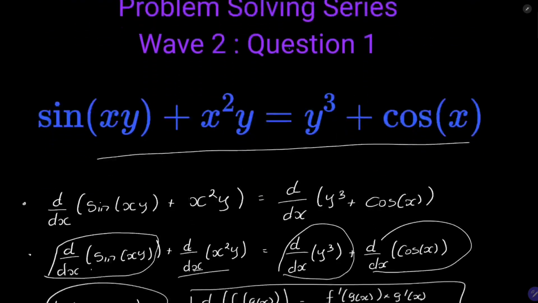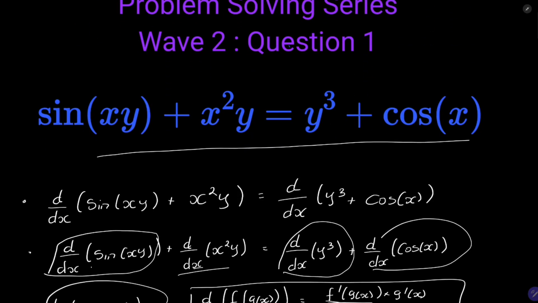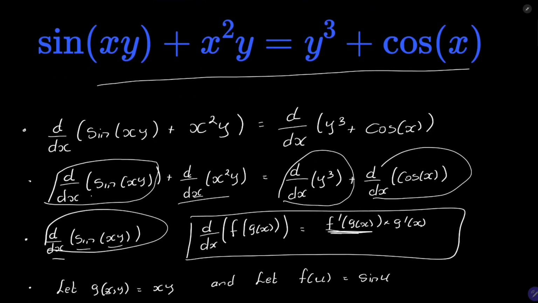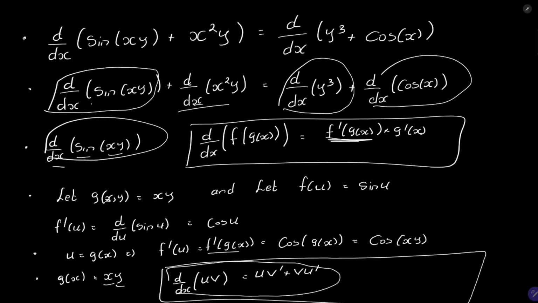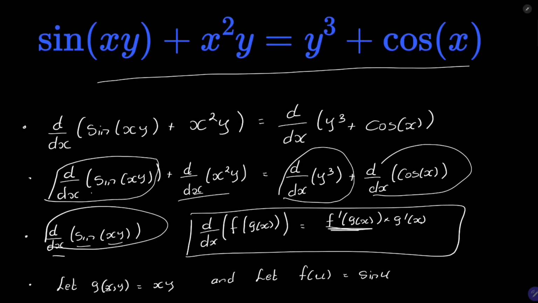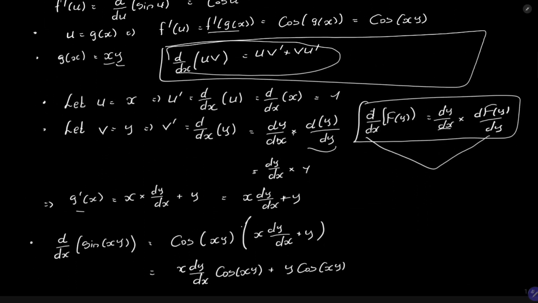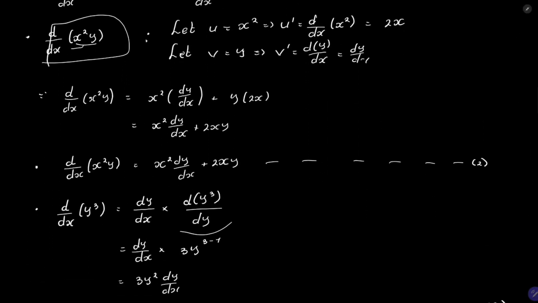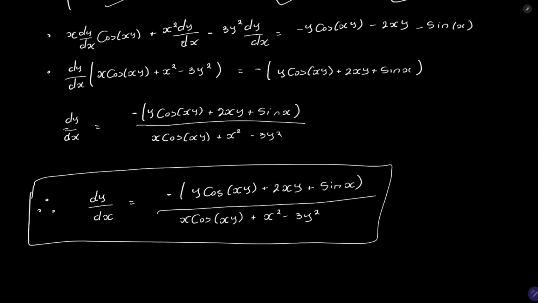So in this question, although it looked a bit complicated from the beginning, using the steps we established in the previous video on the differentiation of implicit functions, we're able to carefully implicitly differentiate each term. After differentiating each term, we're able to make dy/dx the subject of the formula in order to find dy/dx.